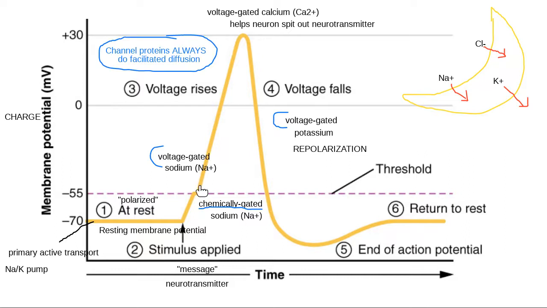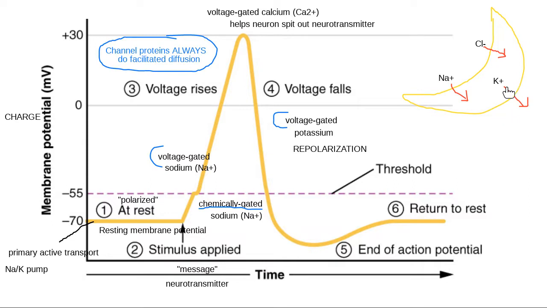So the fact that my membrane charge goes up happens because I opened a channel for sodium and sodium went from high to low. The fact that I opened up a channel protein for potassium and my charge went from high to low is because potassium wanted to leave. Potassium wanted to go from inside the cell to outside the cell.